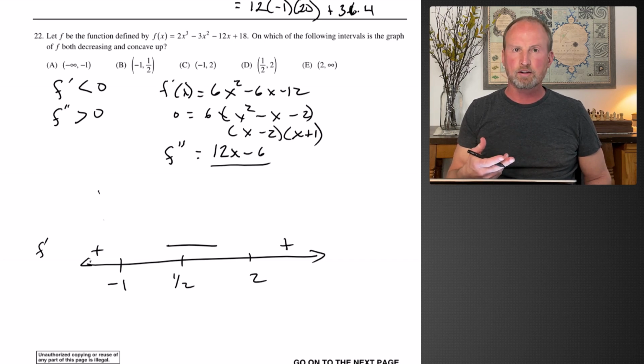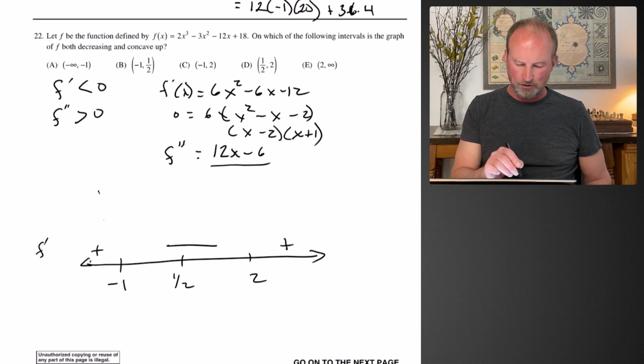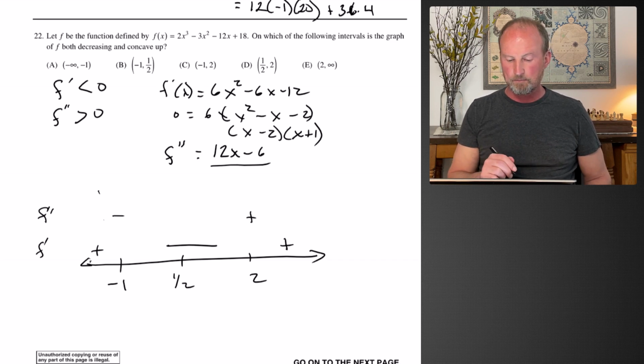Plug in values for x into your function. Make sure that your parabola graph matches up, but the parabola graph works beautifully. Okay, to the right of 1/2 is positive, to the left of 1/2 is negative.